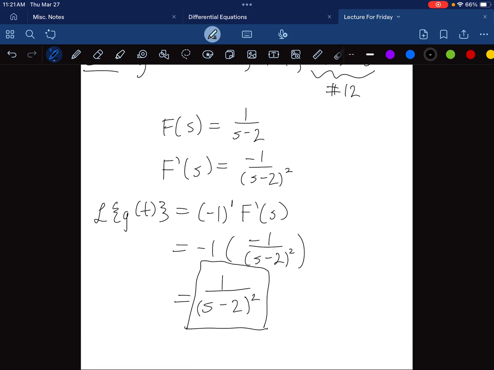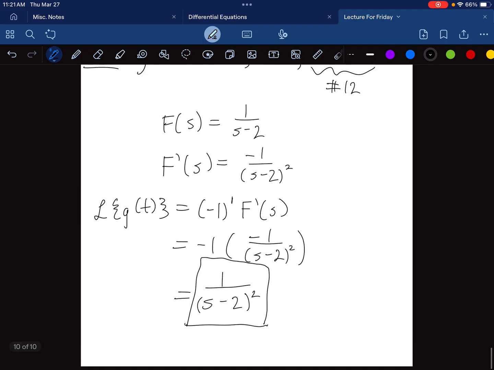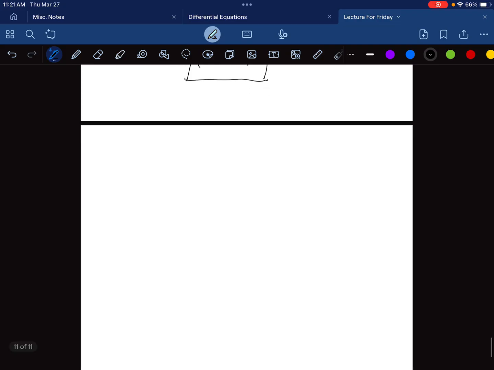the Laplace transform of. Just to kind of solidify this concept, we can do another example of g of t is equal to t cosine of t. Again, we're going to have n equal 1, and then our f of t in this case is cosine of t.